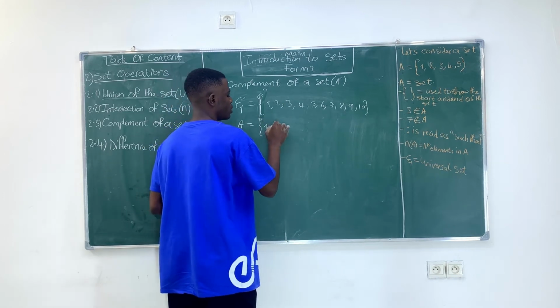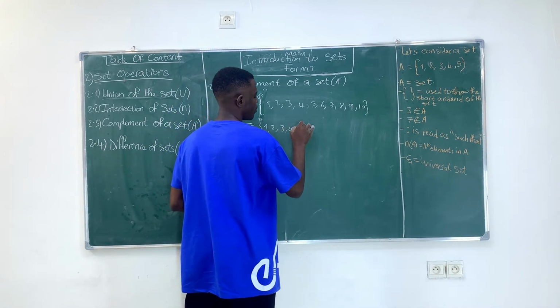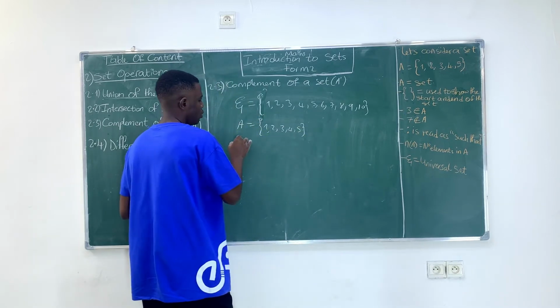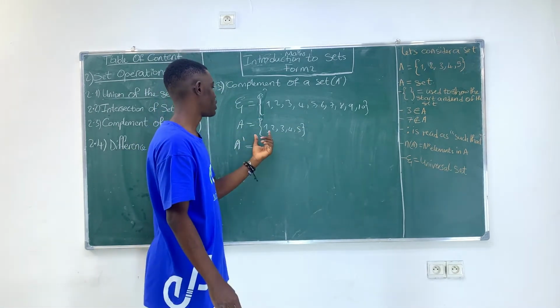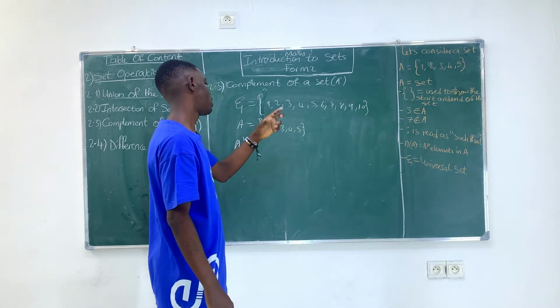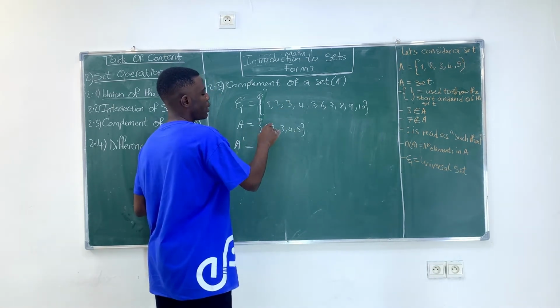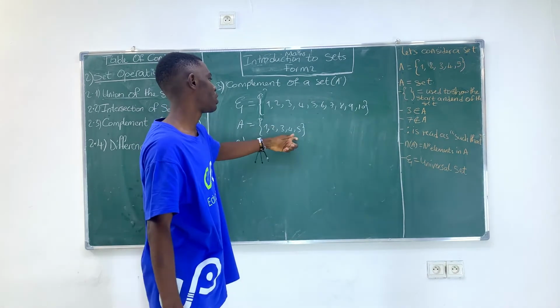Our A is 1, 2, 3, 4, 5. What will be our A prime? A prime is any value which is here, which is not here. A prime is every value which is here, which is not here.